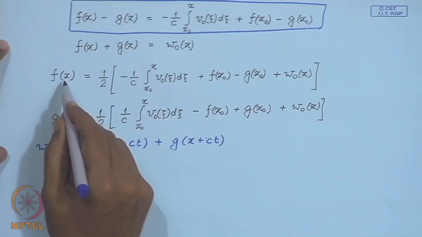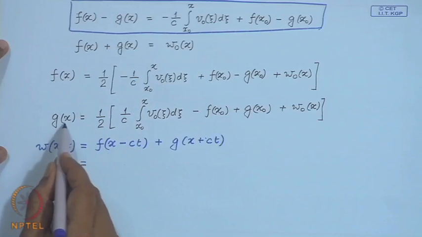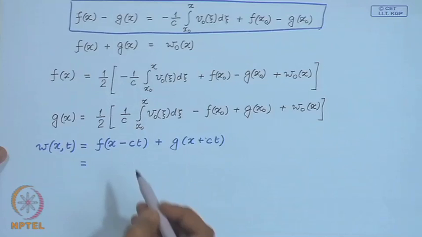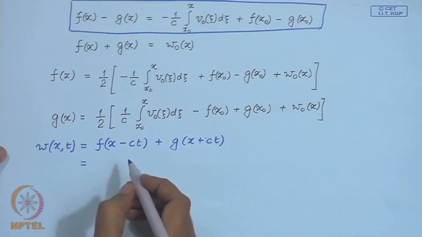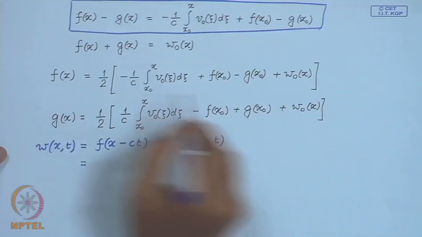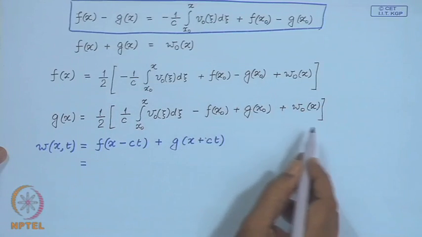We have to substitute x minus c t in place of x in f, and x plus c t in g, and add these two. These terms are independent of x, so when we add these two, they will get cancelled.